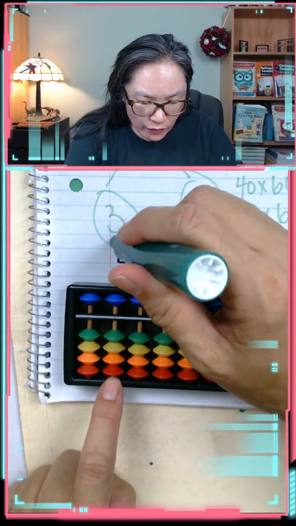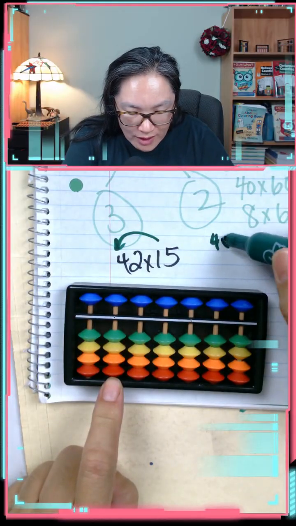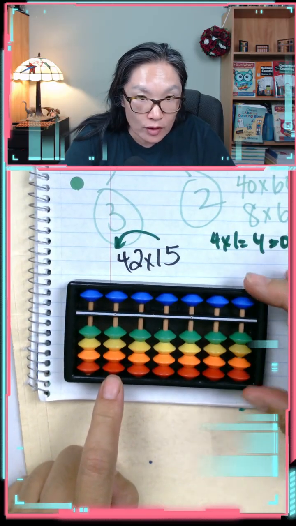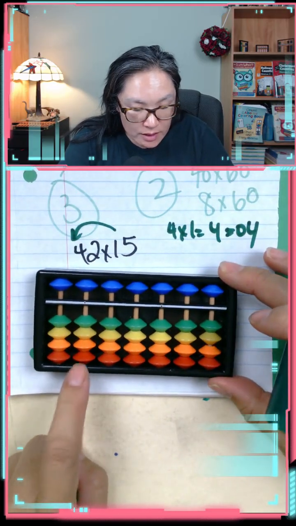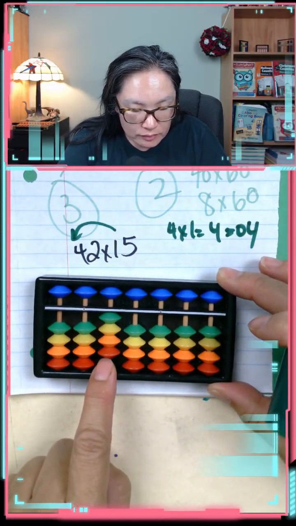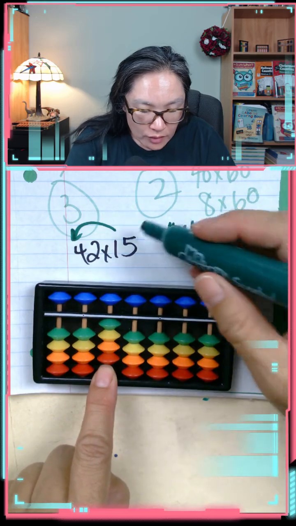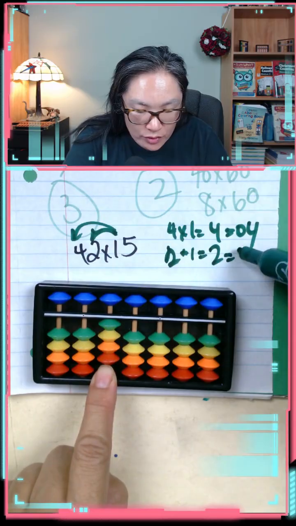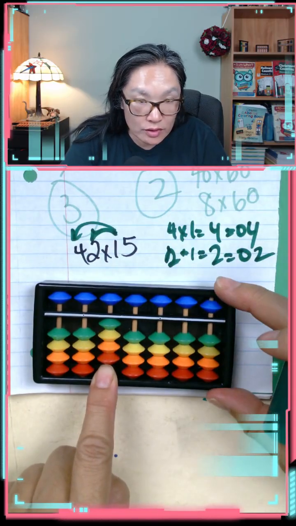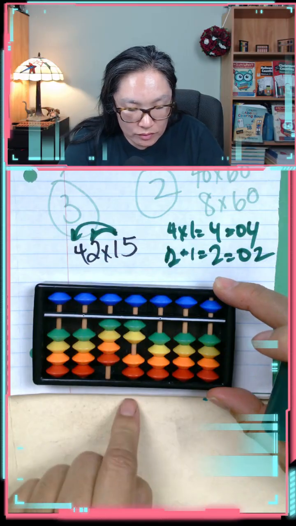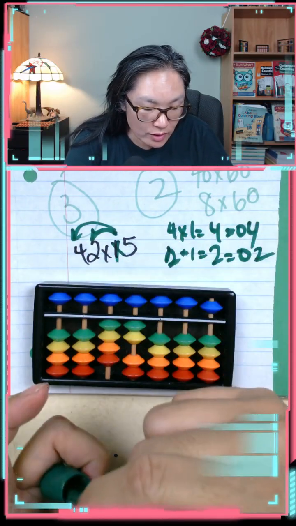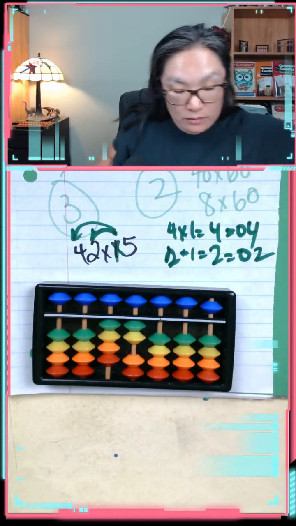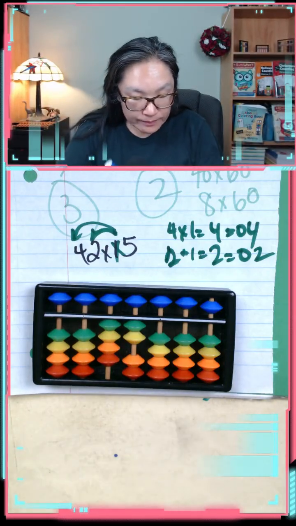What do we do? 4 times 1 is 4. 4 is a single digit, so it's going to be 0, 4. 1 times 2 is equal to 2. 2 is a single digit, it'd still be 0, 2. Because we're done with this, we're going to recount. 1, 2, 3.